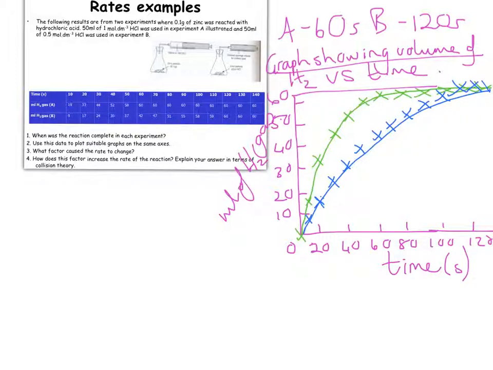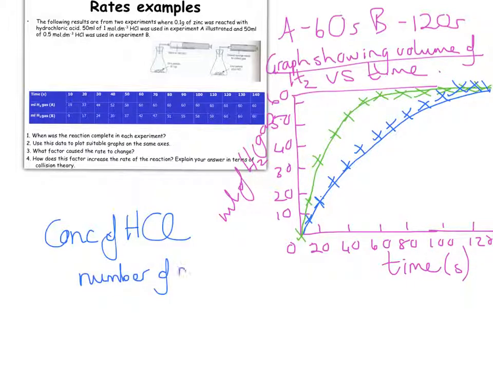What factor caused the rate change? It would have been the concentration of hydrochloric acid, because that was the only thing that changed. And how does this factor increase the rate of the reaction? Explain your answer in terms of collision theory. Well, what is concentration? Concentration is number of moles per volume.